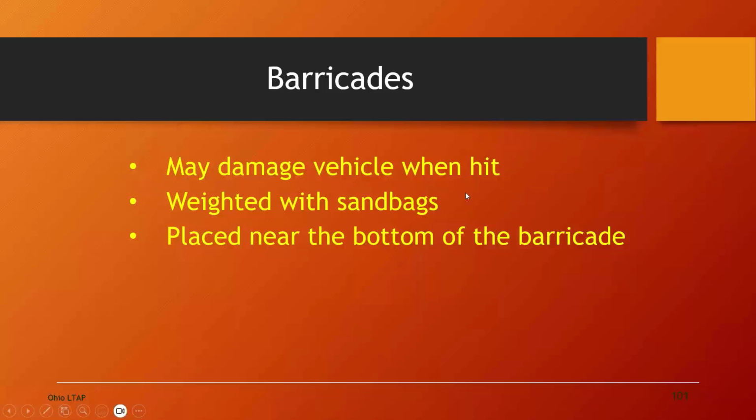So barricades, we have to remember that if a vehicle crashes into a barricade, it's going to damage the vehicle. And so we usually need the proper warning before the barricade, especially if it's a high-speed roadway. Have our warning signs in advance. But that's also why we weight the barricades down with sandbags, and the sandbags are placed at the bottom of the barricade.